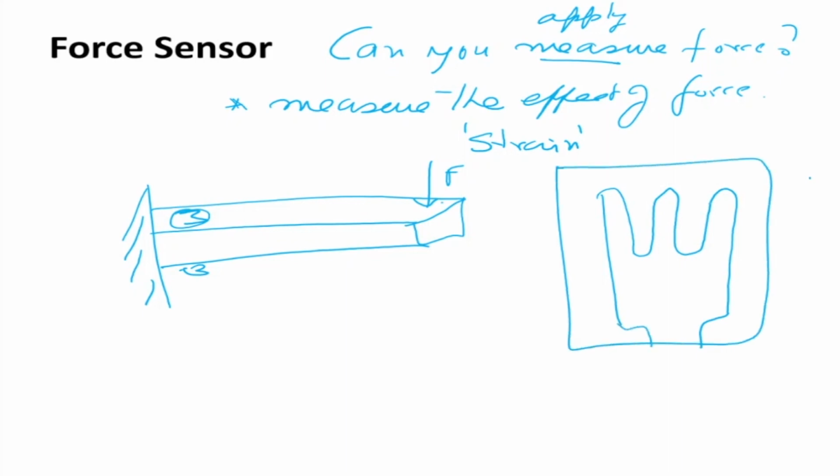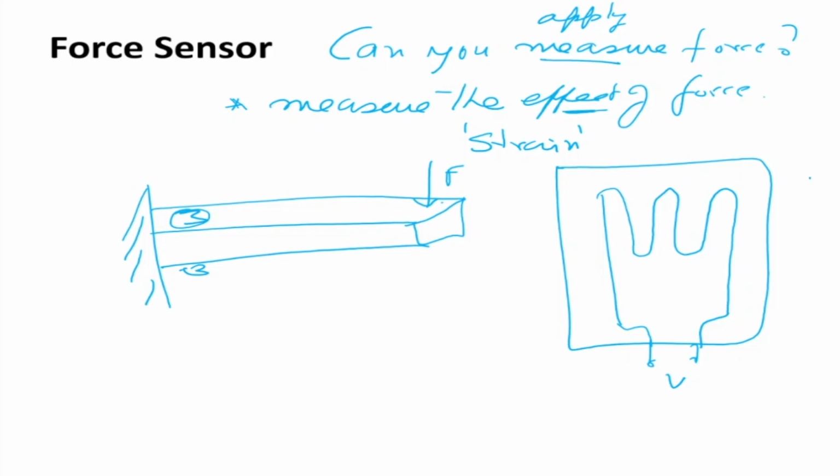Because of the strain, the wires will get elongated, and if the wires are stretched, their resistance will change. If the resistance changes, you can measure the voltage in and voltage out. There is a voltage which is being given, so you can measure the change in the voltage and then figure out what force is being applied. So we are not measuring the force directly, we are measuring the effect of force.